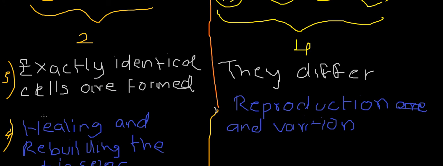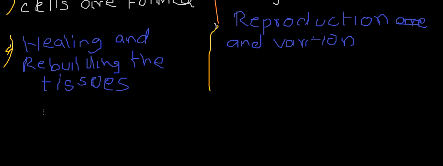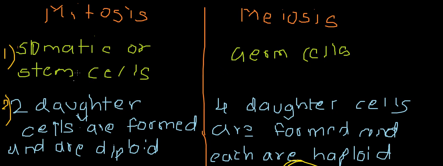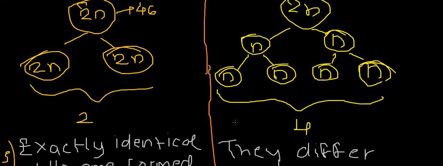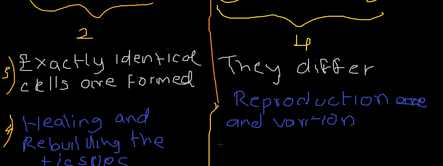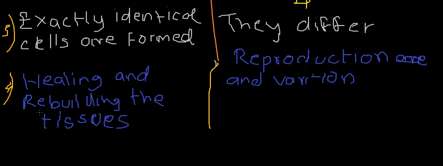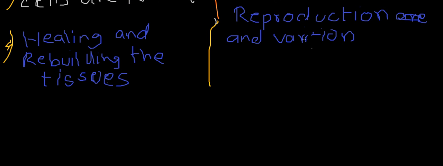In them, healing and rebuilding the tissues is the main task of mitosis, whereas meiosis is necessary for reproduction and variation in species.